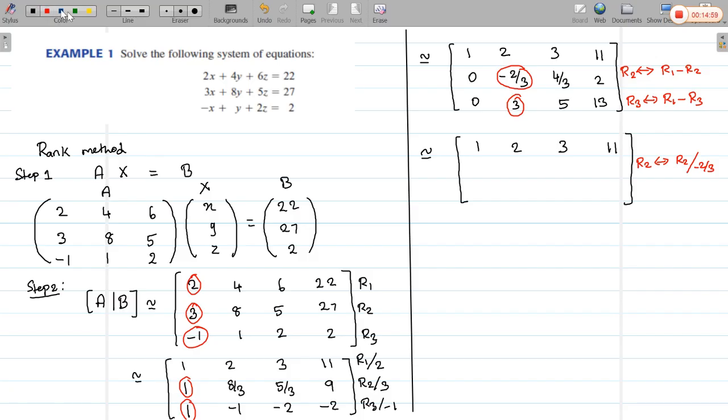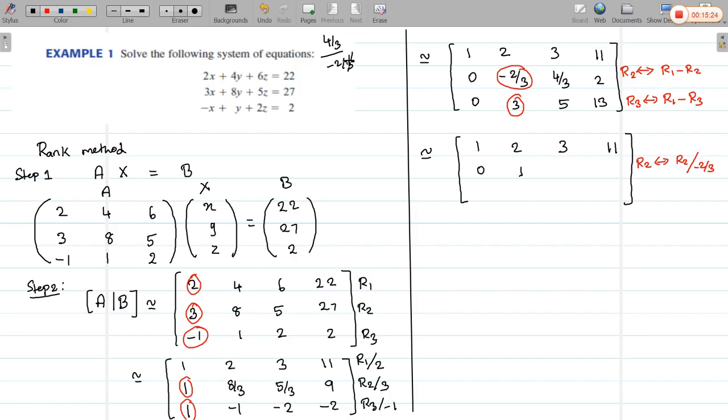So what do we get now? 0 by anything is 0. Is that fine? Minus 2 over 3 over minus 2 over 3 will give you 1. Then 4 over 3 over minus 2 over 3. If you know the simplification, do it manually or use the calculator.